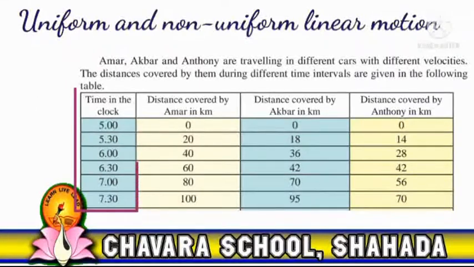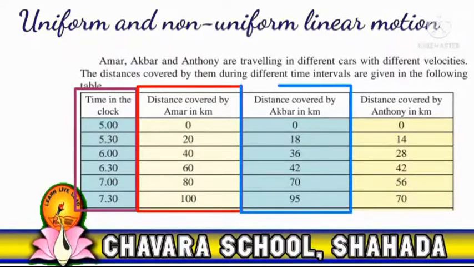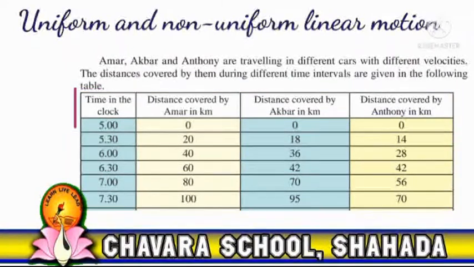In the second column, distance covered by Amar in kilometers is given. In the third column, distance covered by Akbar in kilometers is given. And in the fourth column, distance covered by Anthony in kilometers is given. Time is taken in the interval of every half an hour.